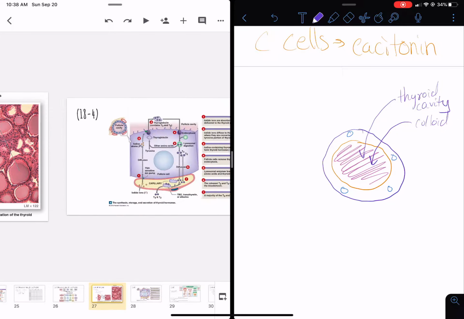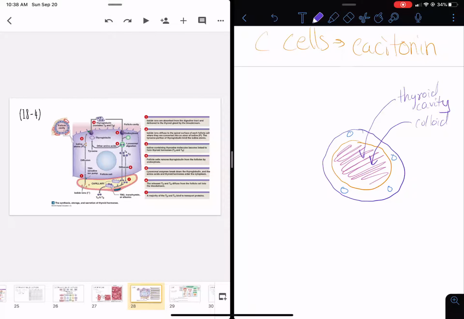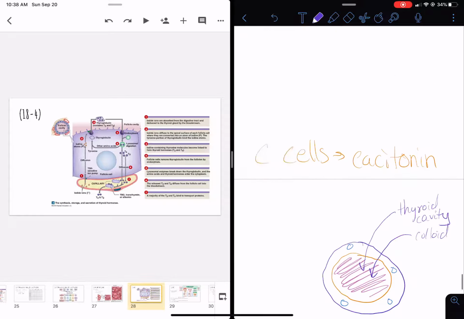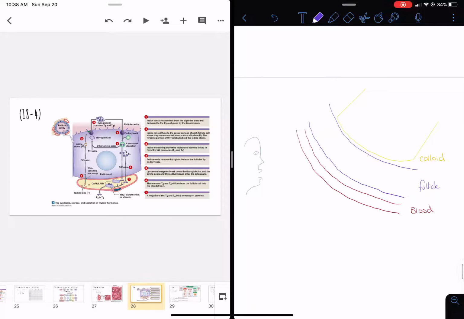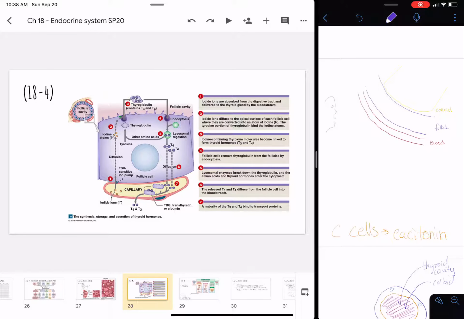Okay. Next we need to talk about how the thyroid gland actually makes thyroid hormone. This is the picture that your book gives you, and it goes through step by step what's going on. I've drawn a similar picture here on the right. On the top half of this picture, we have the colloid in the follicle cavity, which I have here in yellow.